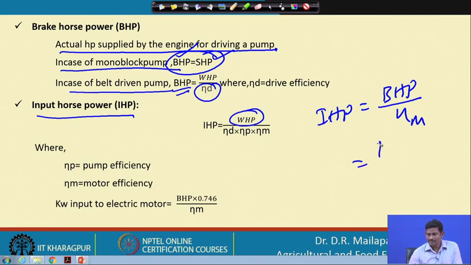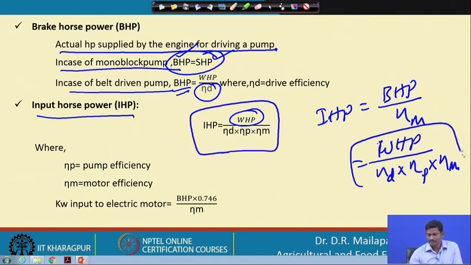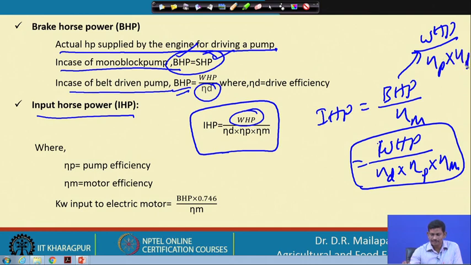Since BHP is water horsepower divided by drive efficiency and pump efficiency, and then motor efficiency, that is what you get from this equation. So, BHP here is equal to WHP divided by pump efficiency and drive efficiency.